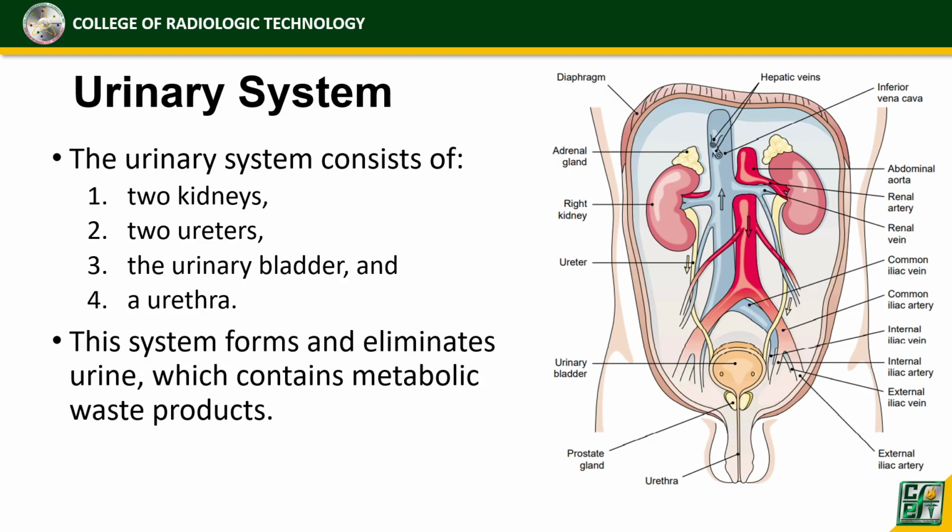So the main function of the urinary system is the elimination of urine, and this urine contains metabolic waste from the body. Okay? So our kidneys filter the blood. As you can see in the image, yung ating mga blood vessels ay dumadaan sa kidney.